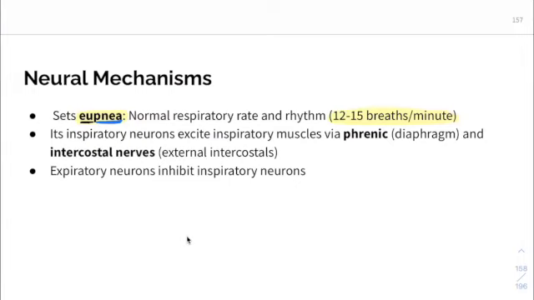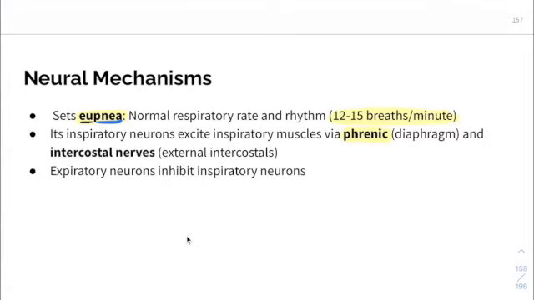But our diaphragm and those external intercostal muscles are innervated by the phrenic nerve. I had a teacher teach me, for the phrenic nerve, that the phrenic nerve comes out of your cervical spine.